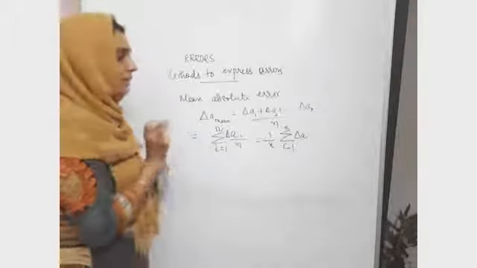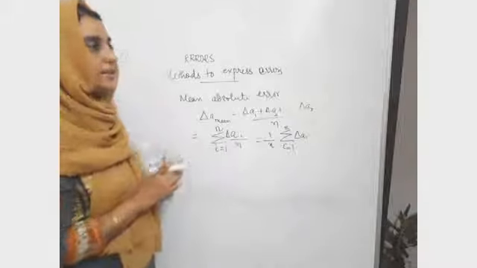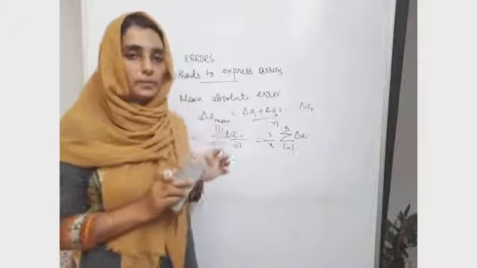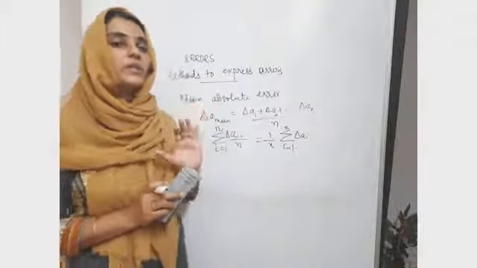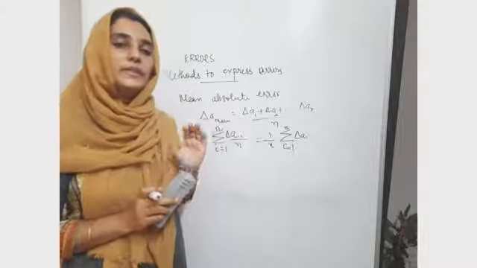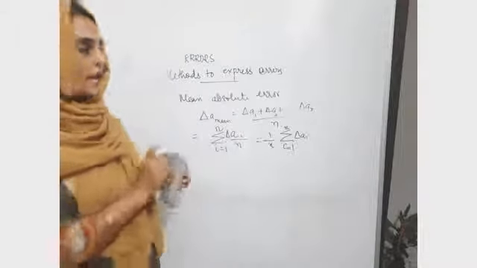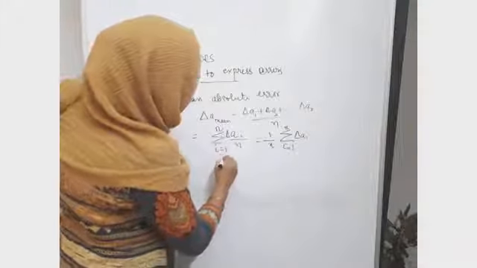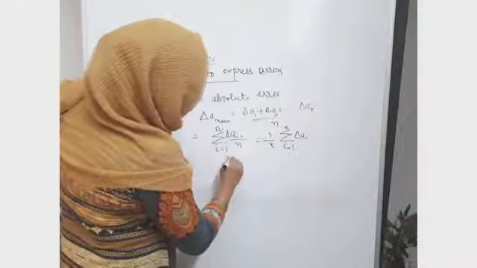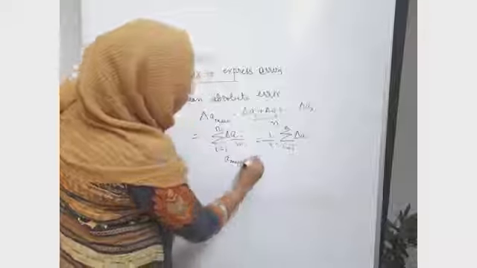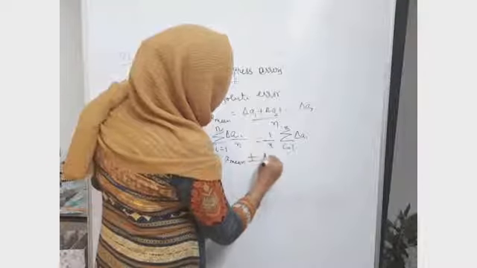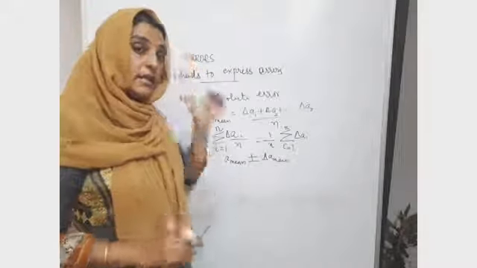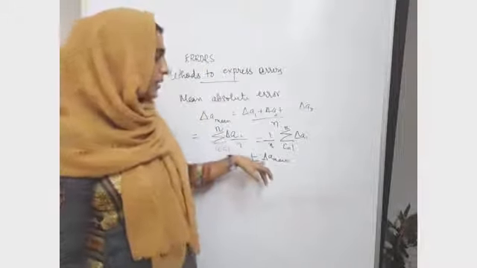Now our final measurement or final result, that is, if you have taken a set of observations for the length of a particular thing, the final result should be represented in terms of error. So that final result will be represented as the true value, which is a mean, plus or minus delta a mean, where a mean is the arithmetic mean of all the sets of observation, plus or minus delta a mean.